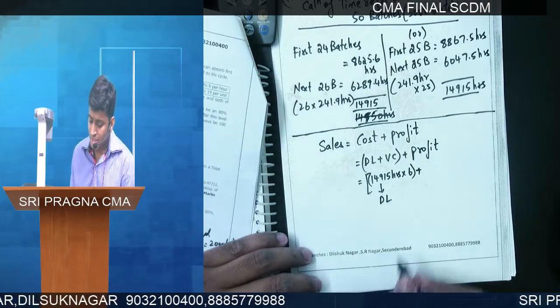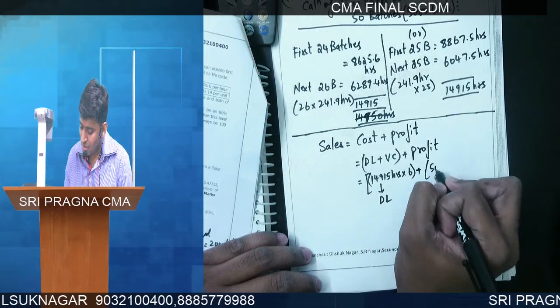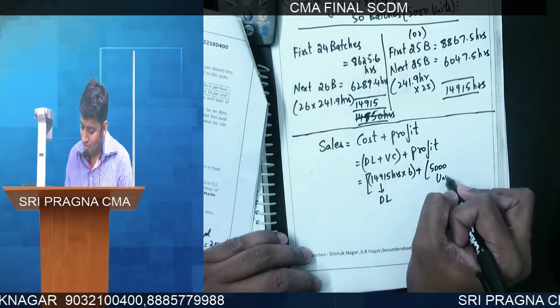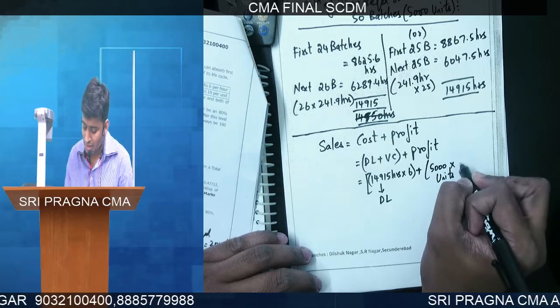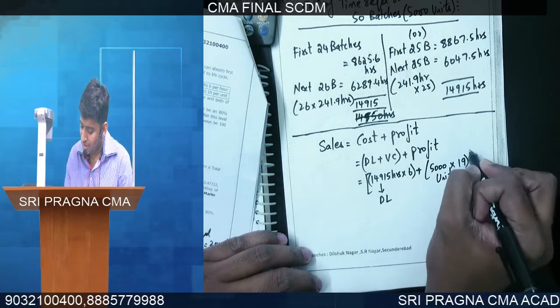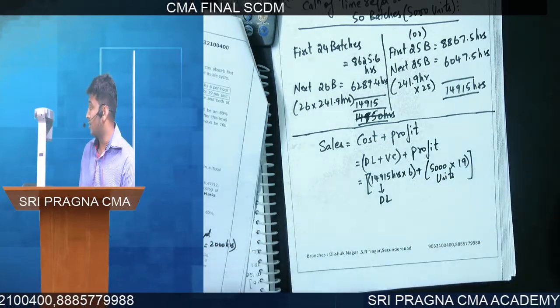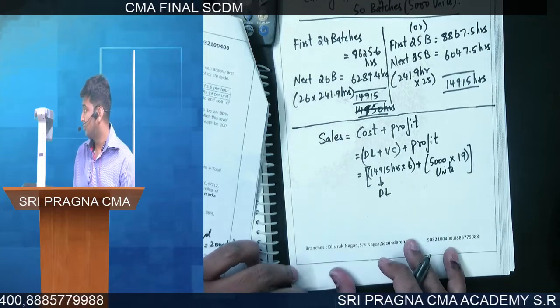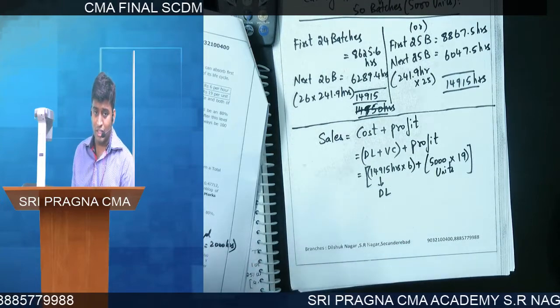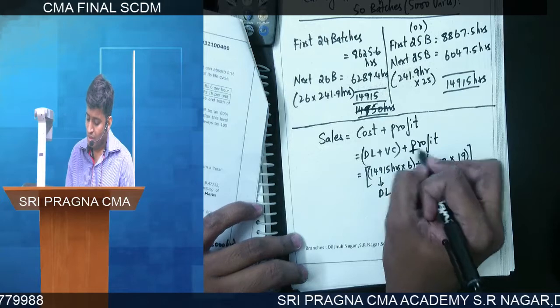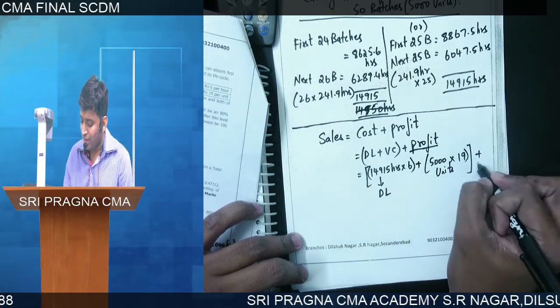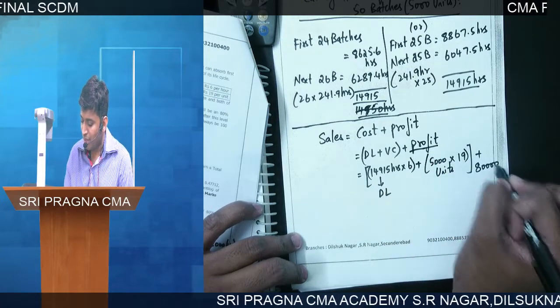How many units? 5,000 into 19. Multiply, add, whatever. Listen, plus what is there? 80,000 he has given. I am not assuming anything.